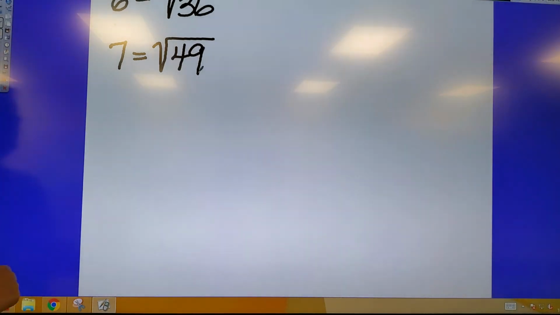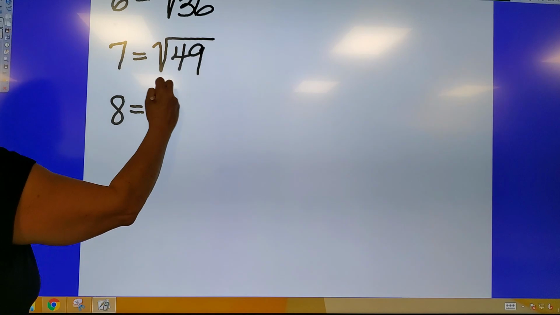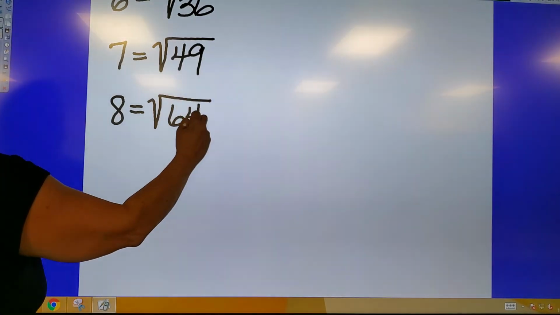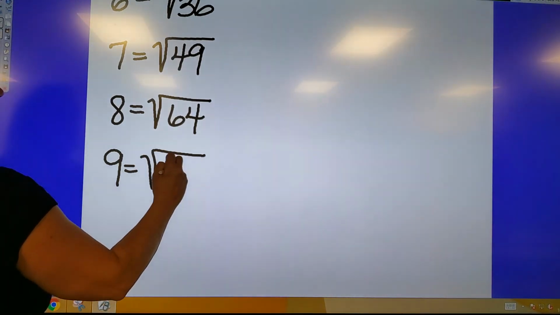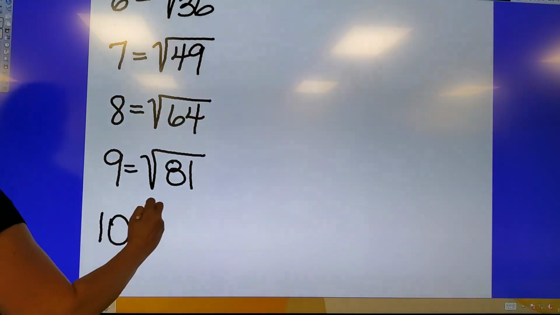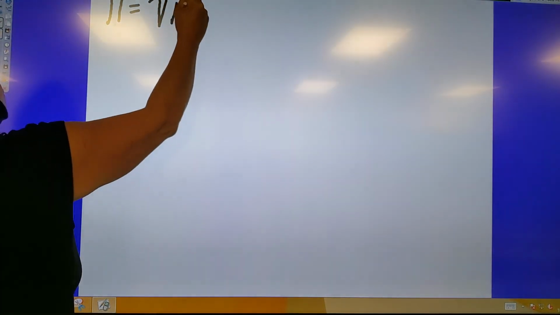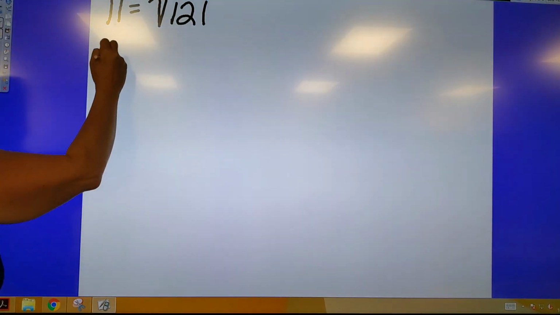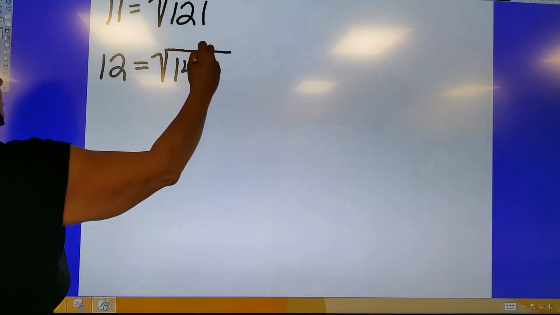Once again, you should be writing these down in your notebook. 8. 8 times 8 is 64. 9. 9 times 9 is 81. 10. 10 times 10 is 100. 11. 11 times 11 is 121. 12. 12 times 12 is 144.